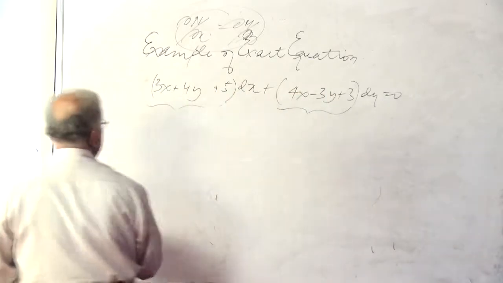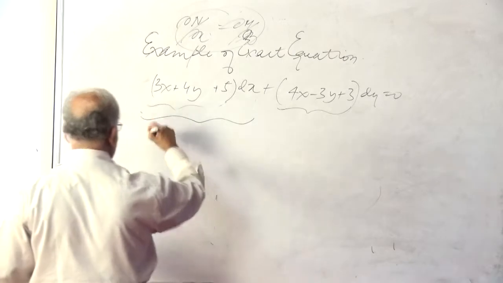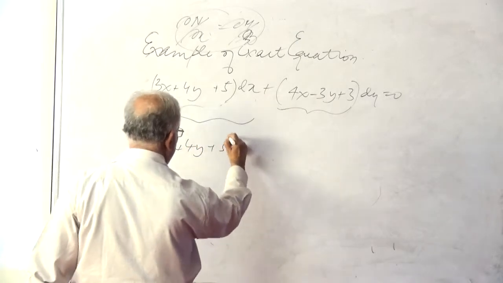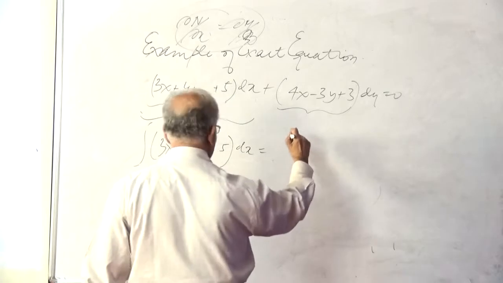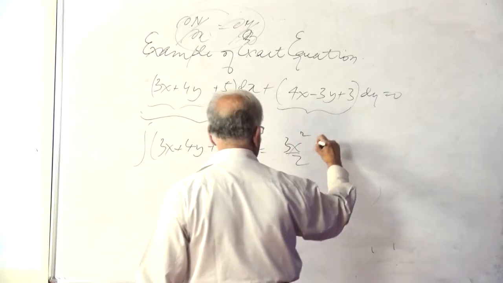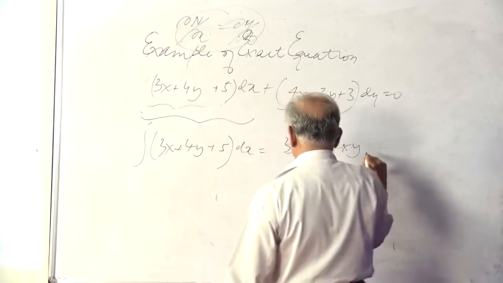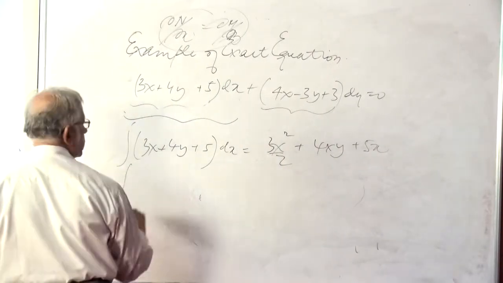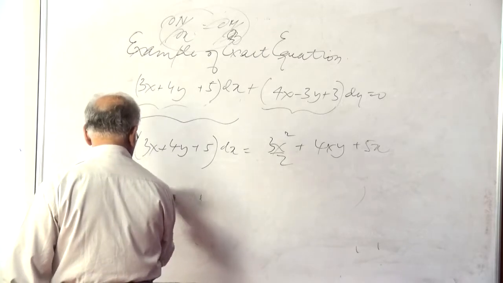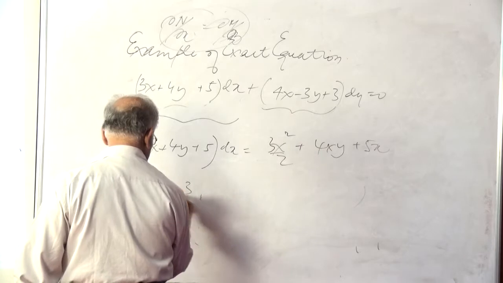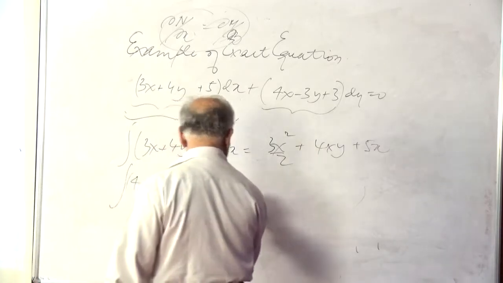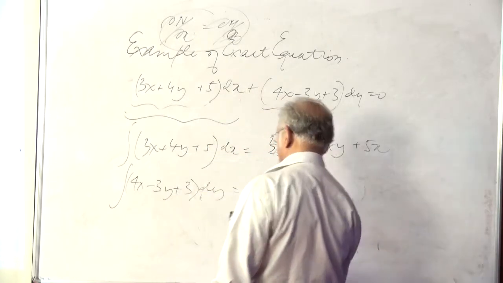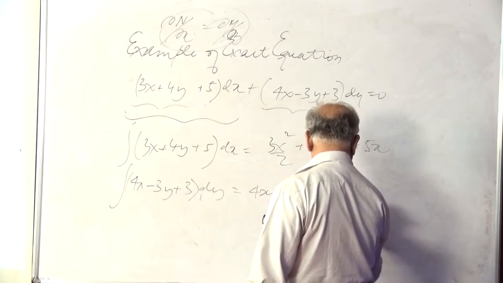Let's do the integration. So this with respect to x means 3x plus 4y plus 5 gives 3x squared by 2 plus 4xy plus 5x, and this second fellow, 4x minus 3y plus 3 integrated with respect to y, is 4xy minus 3y squared by 2 plus 3y.